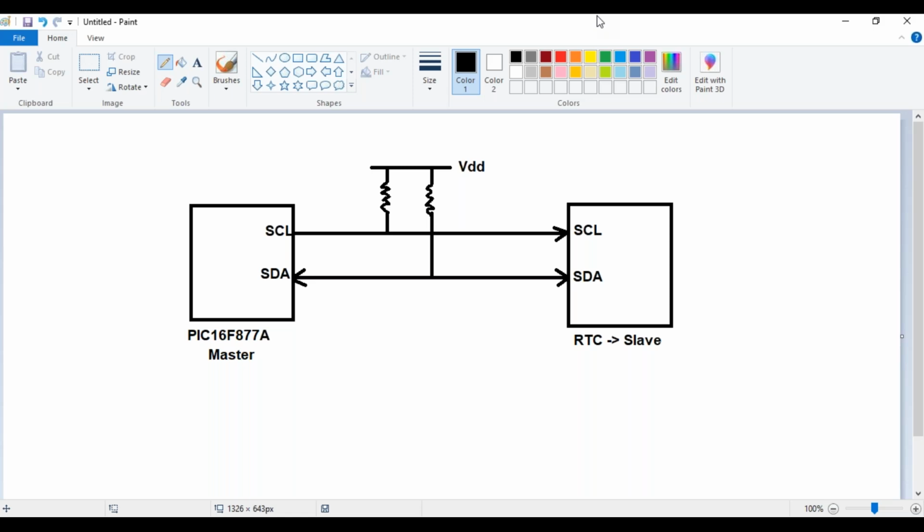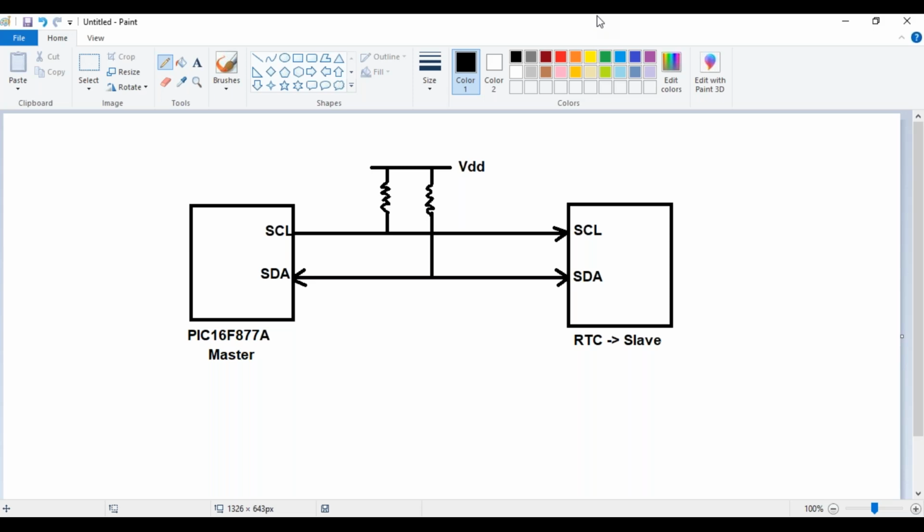RTC will have registers which store the number of seconds, registers which store the number of minutes, and registers which store the number of hours. Also, it stores the day of the week, the date, the month, and the year. So RTC is nothing but a real time clock which is storing the time.